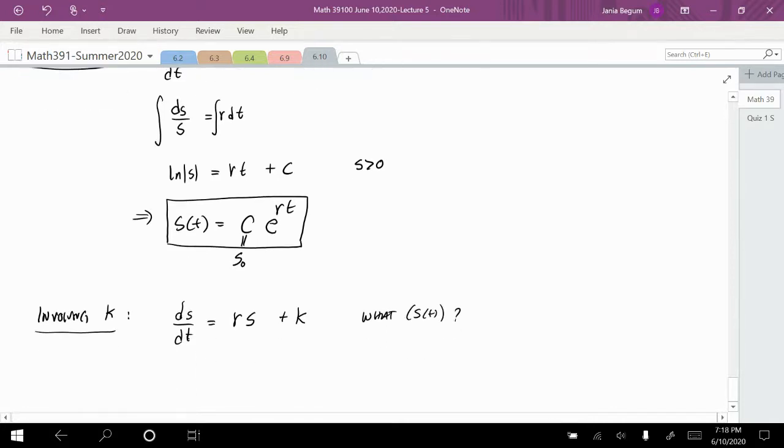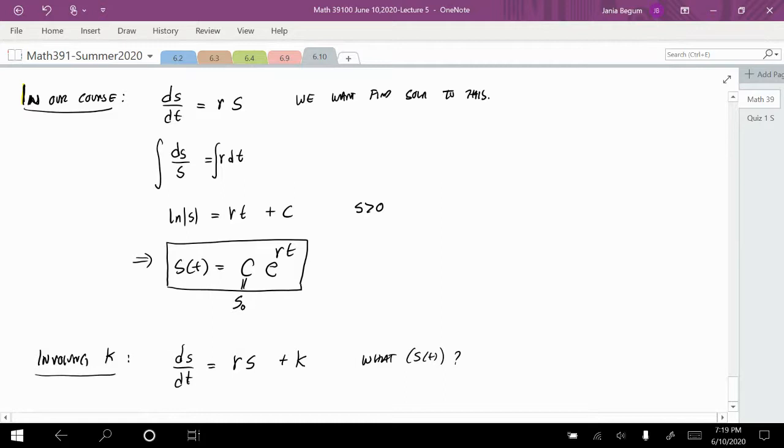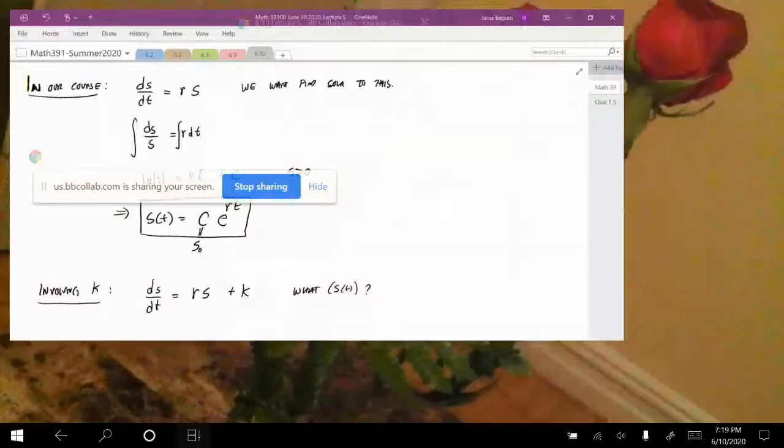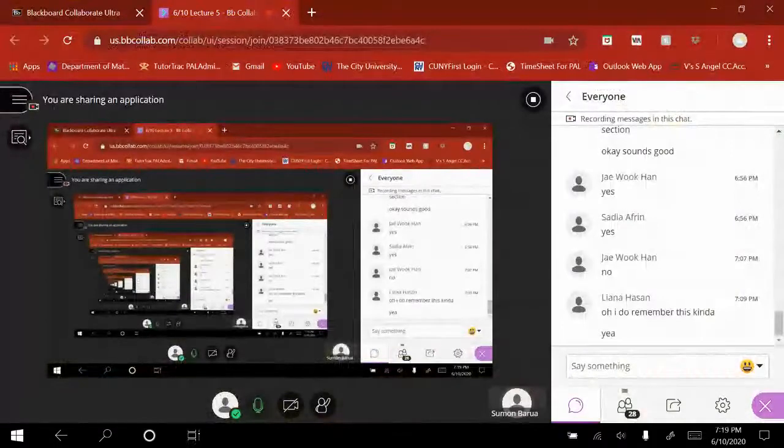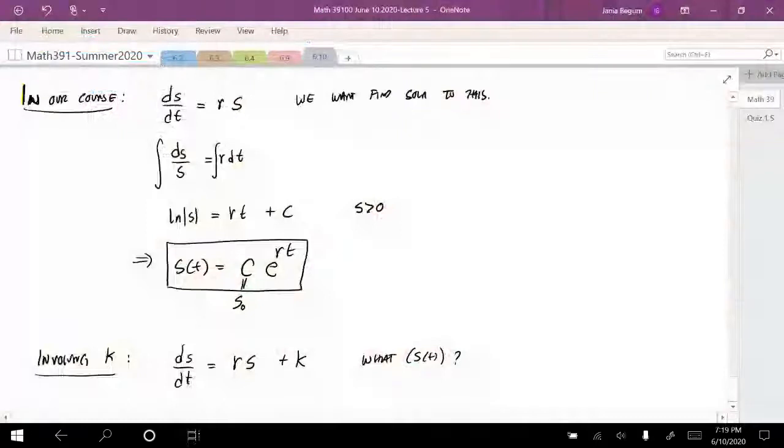How do you solve this one? What do you guys think? Do we use the integrating factor for this? Right, so Shimon, you're correct. This is linear, so we can use integrating factor, right?